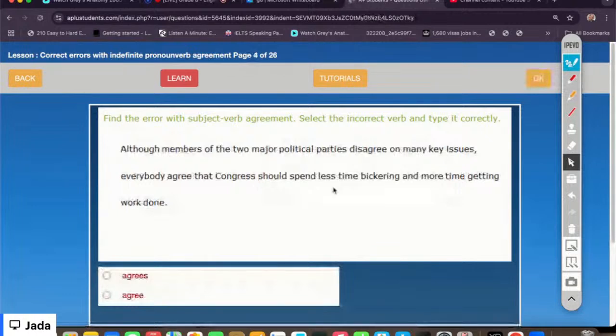So although members of two major political parties disagree on many key issues, everybody agreed that Congress should spend less time bickering and more time getting work done.